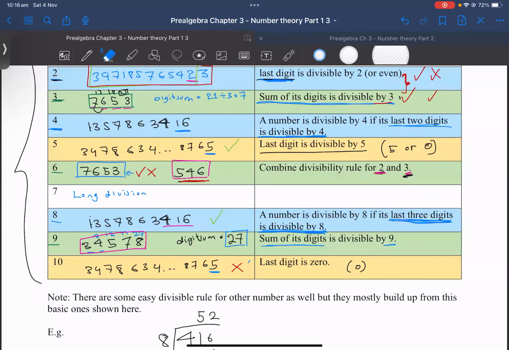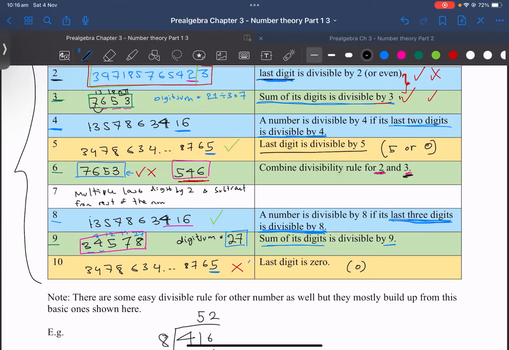What you do is multiply the last digit by 2 and subtract from the rest of the number. Then you check if this new number is divisible by 7. The new number is going to be smaller.